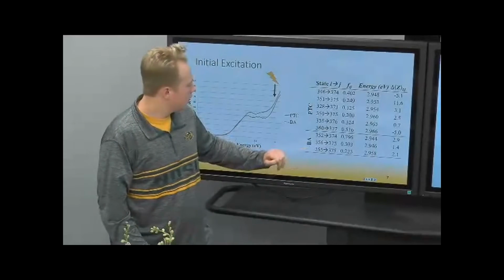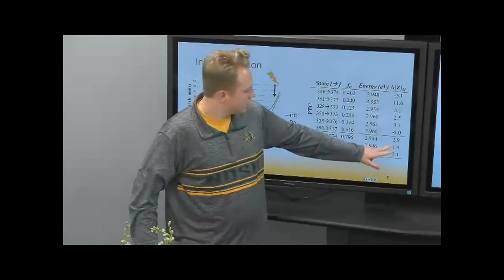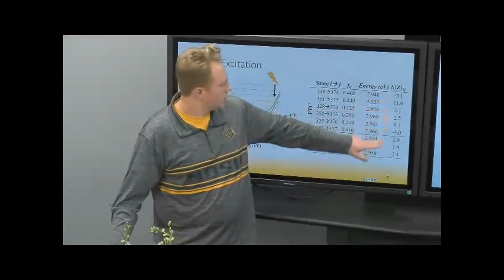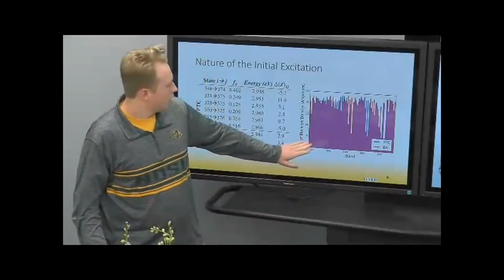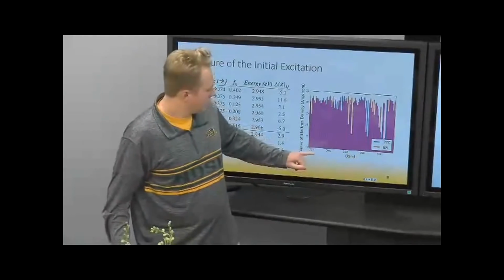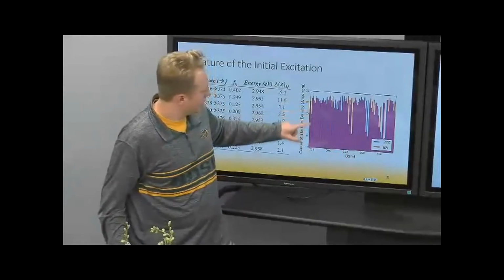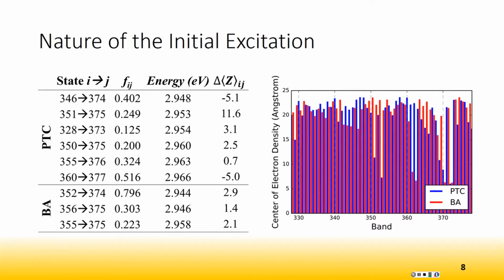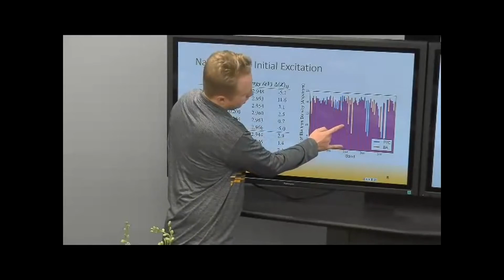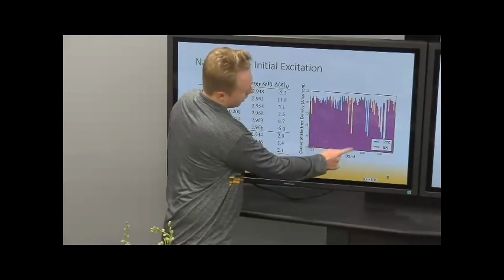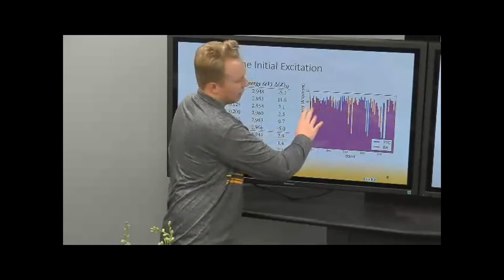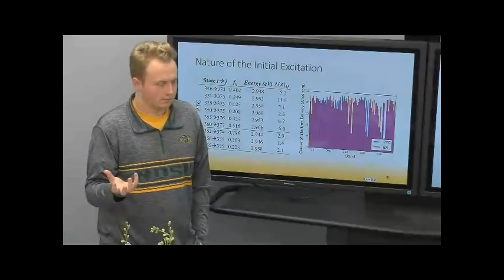But for the BA, none of the states are that charge transfer. We get this by looking at the different states and plotting the center of mass, and we can see that it's localized on the ligand, and everywhere else on top it's localized on the quantum dot.